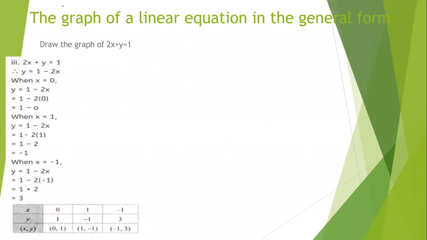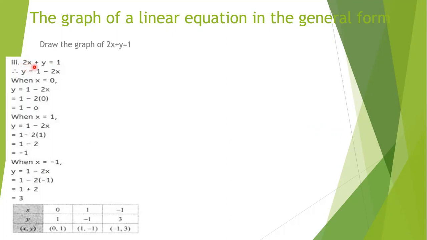Here you can see I have just copied 2x plus y equal to 1 over here. See, 2x plus y equal to 1. Therefore, in the next step, what I have done, this 2x, I have changed the place of this 2x from left hand side of equal to right hand side of equal to.